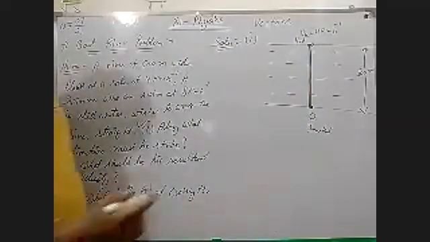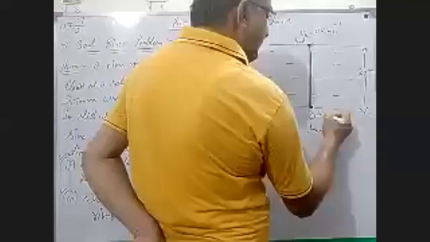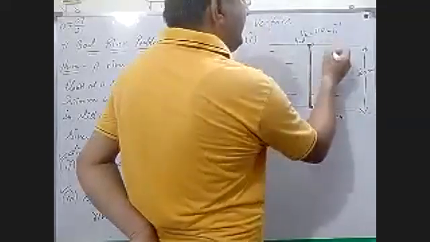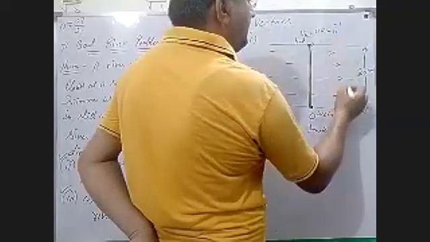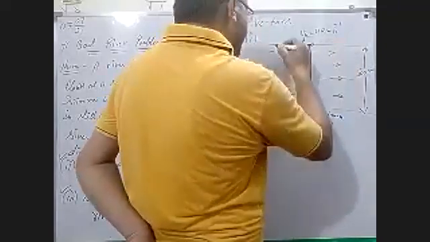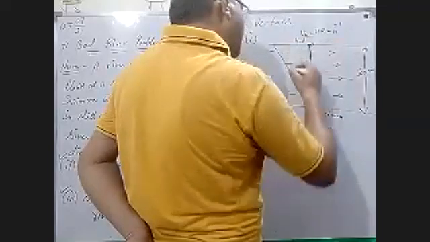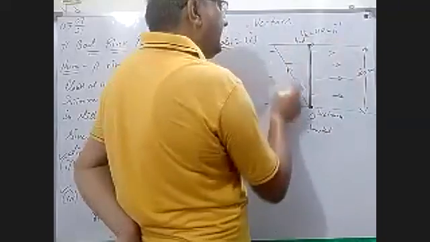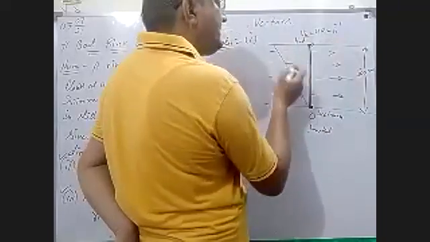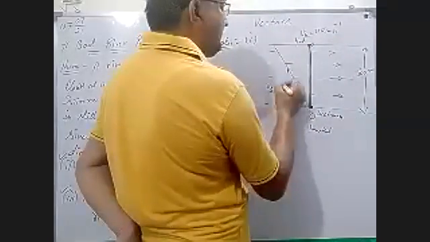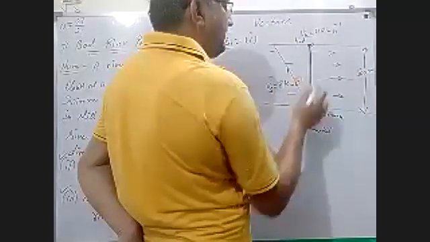But if this swimmer wants to strike here, then obviously it should move in this direction, means upstream with this velocity. Velocity of swimmer is 8 kilometers per hour.